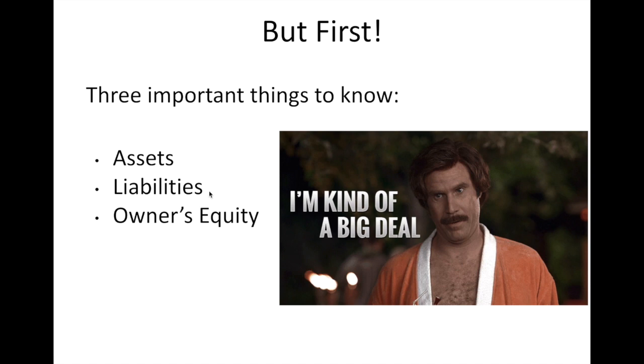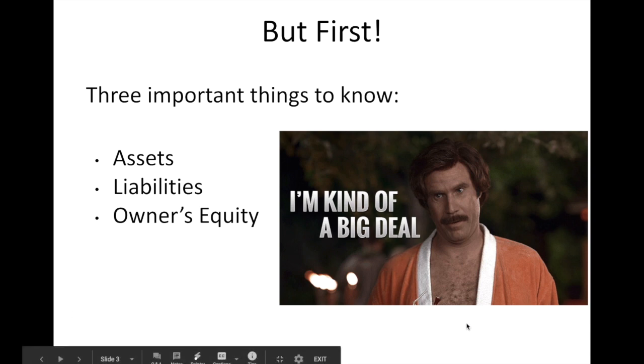Liabilities are money that's owed by the company to someone else. And owner's equity is the difference between the two. It's considered to be the net worth of the company, or how much owners have invested in the company. And they're kind of big deals.